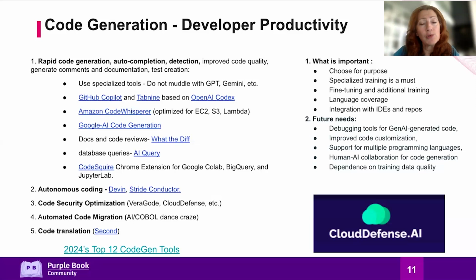Now, I wanted to talk to you specifically about what Cloud Defense is doing and how they're using code generation. They're a nice advanced CSPM solution. And one thing they do is when they detect a certain issue, they report it to users. They can have a proper alert, of course, high level, high priority, whatever that might be. But they also provide code.